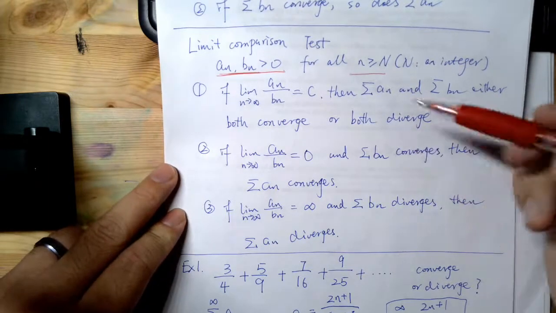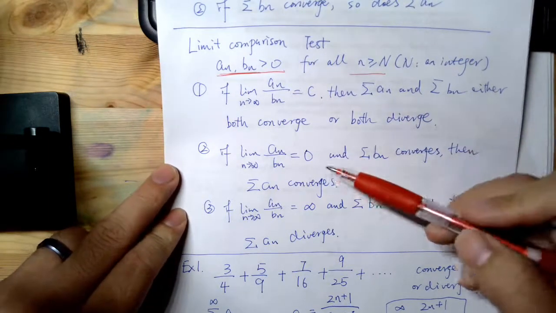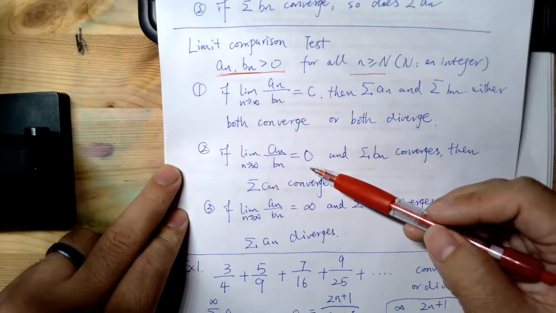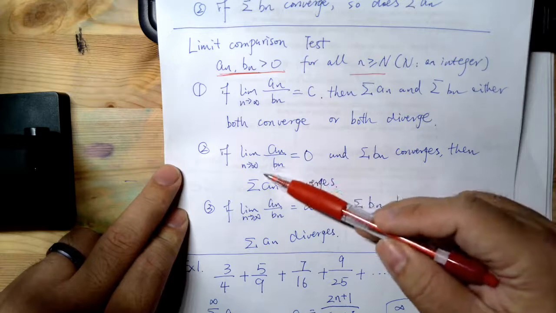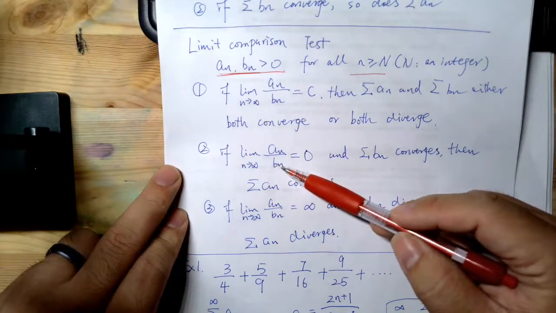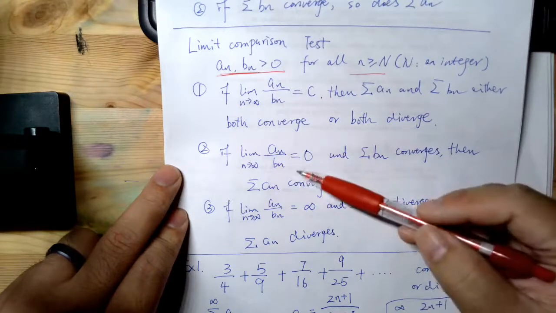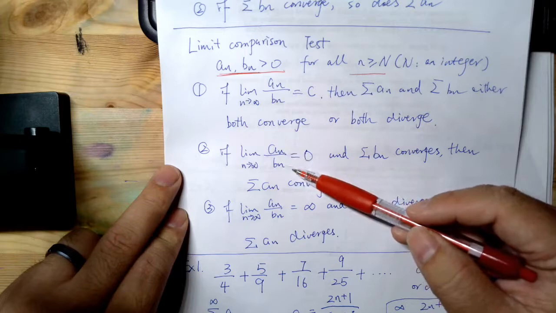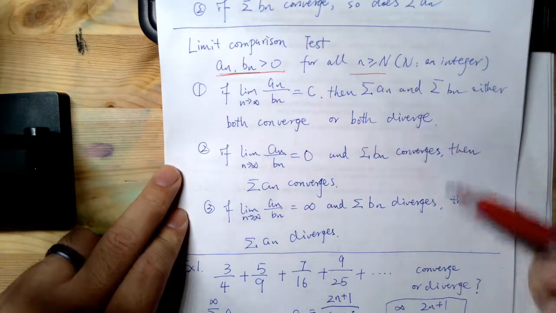The second situation is, if the limit of a_n over b_n equals 0, and meanwhile the series b_n, which is the series in the denominator, converges, then we can also conclude that series a_n converges.